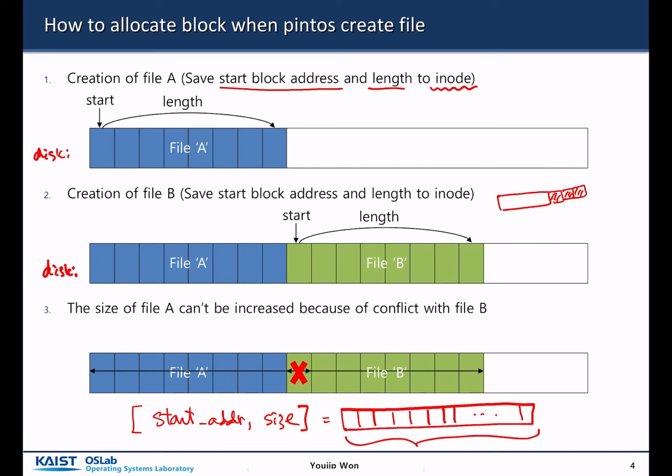However, if we want to extend file A, but the next address has been occupied already, we cannot extend the file. So we have to fundamentally change the way the inode represents a file.